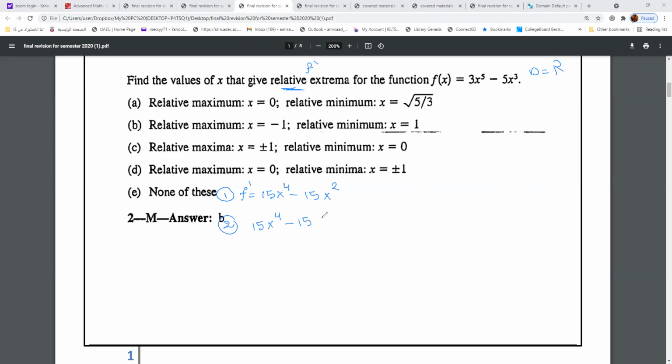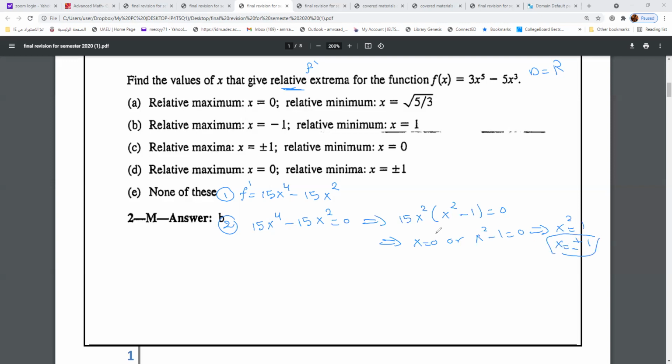It is not rational, okay? Equals 0. In the same way, take 15x squared as a common factor: 15x squared times (x squared minus 1) equals 0. That gives me x equals 0, or x squared minus 1 equals 0, which implies x squared equals 1, x equals positive or negative 1.